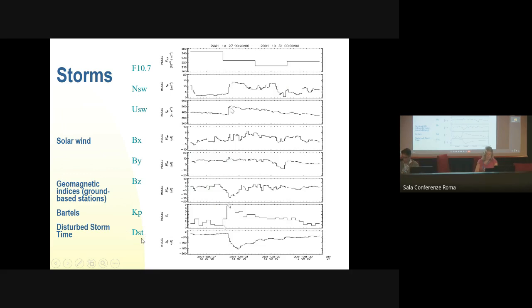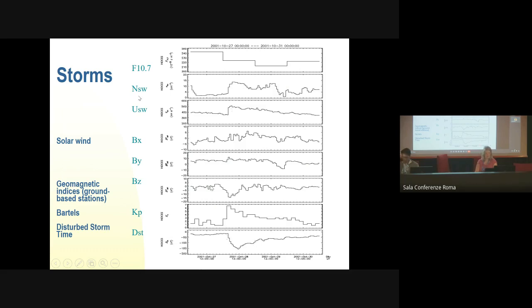And the Dst, disturbed storm time index, is more for the perturbation at the equatorial plane, while the Kp index shows the perturbation for all the planet. Then you can see a sharp decrease during the main phase. Here it's a quite intense storm because it's less than -100 nanotesla, and then again the recovery phase.